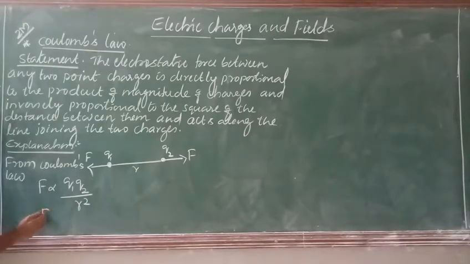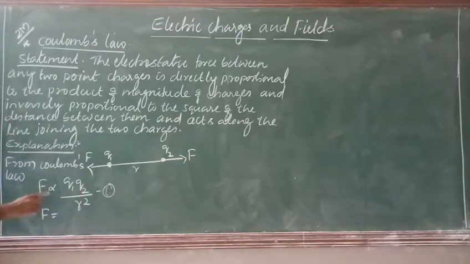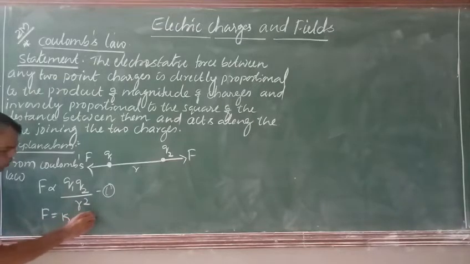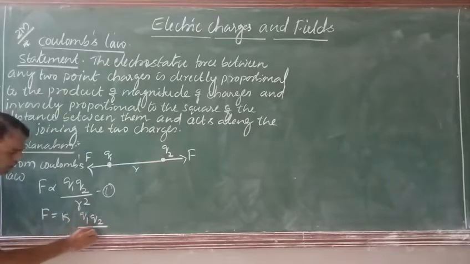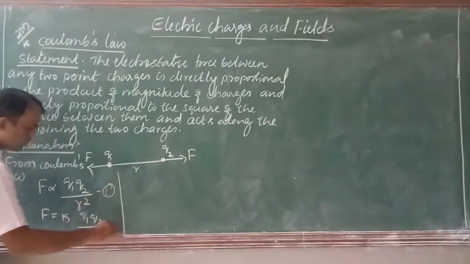We call this equation 1. After eliminating the proportionality sign, we add a constant: F is equal to K into Q1 Q2 divided by r square.